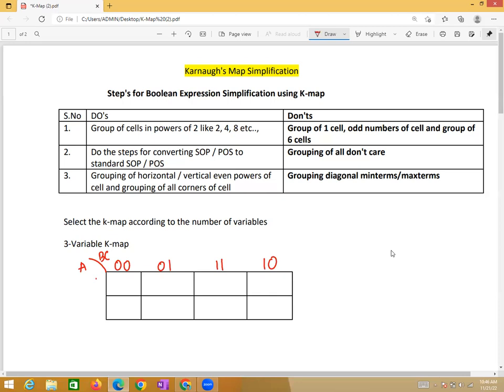And here we allot the variable A as 0 and 1.